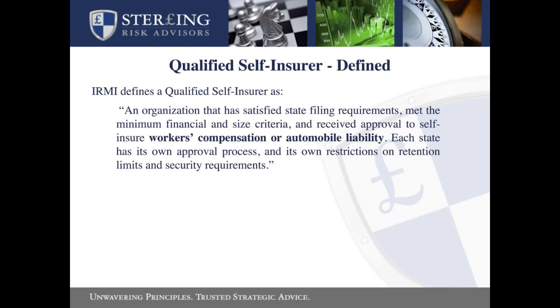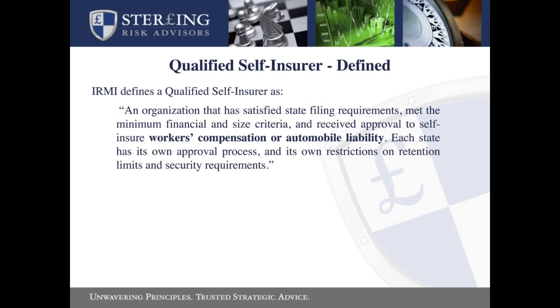Self-insurance generally only applies to workers' comp and automobile liability, where you qualify with the state to be self-insured. And it has its own approval process, its own restrictions, its own retention limits, and its own security requirements.